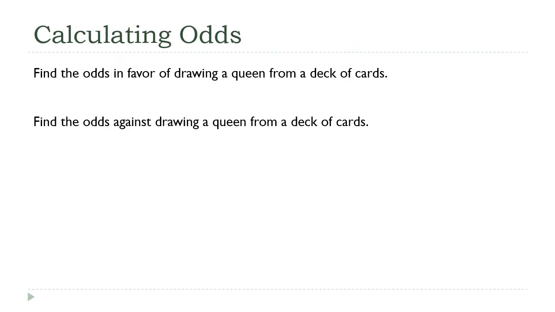Find the odds in favor of drawing a queen from a deck of cards. Well, what did our definition say? It said the number of ways to get what we wanted, the number of ways to draw a queen, to the number of ways to draw, well, not a queen.